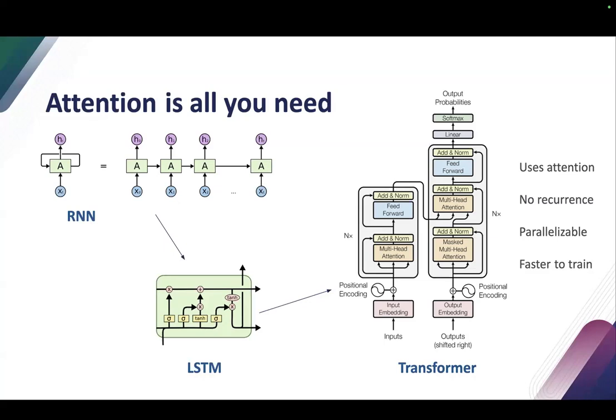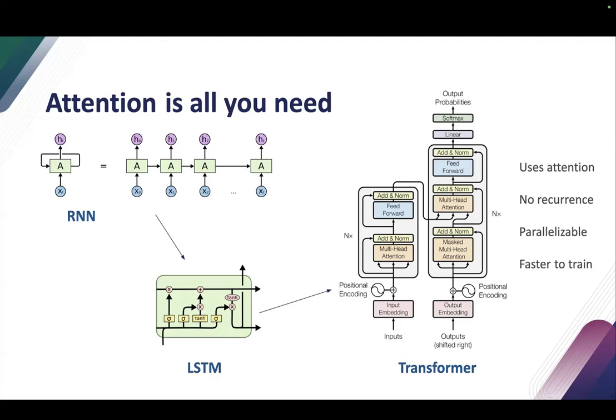And there's no recurrence to these models, which is an issue that we had with RNNs and LSTMs. They are also easy to train in parallel, which you couldn't do with RNNs and LSTMs, so they are a lot faster to train. Overall, they have a lot of advantages over their predecessors.